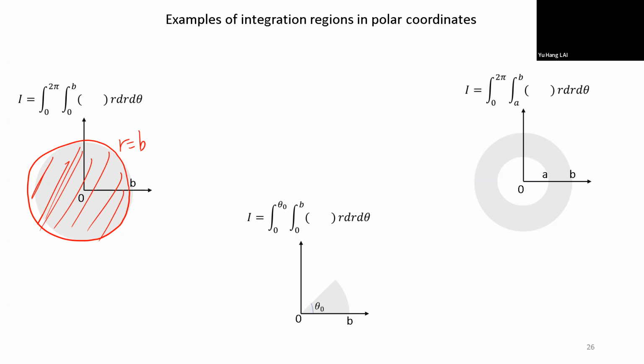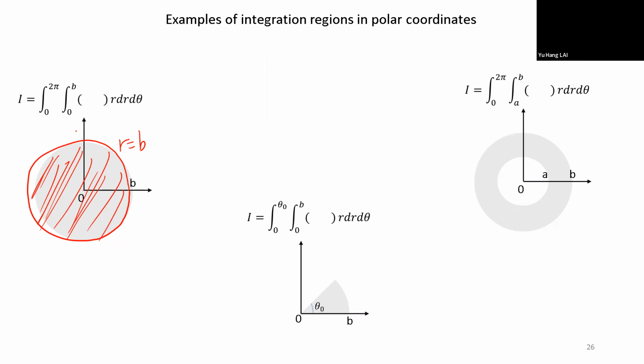And then what about the lower limit? Because I'm including everything inside, you just need to imagine that you have another circle of radius 0 sitting at the origin. That means there's effectively nothing there.